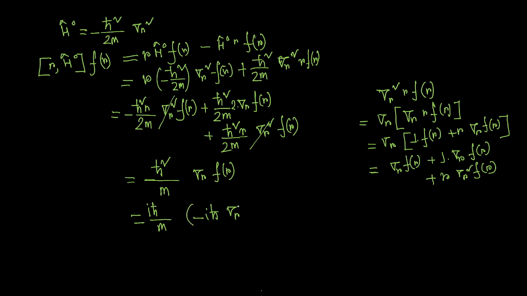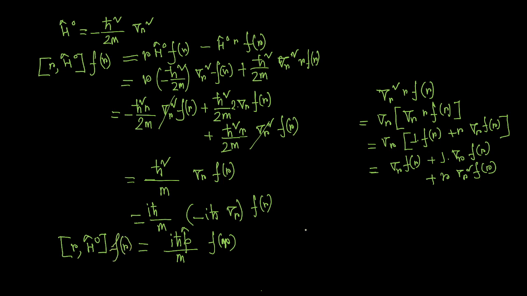So this is nothing but i h cut p by m fr. So the commutation between r and the Hamiltonian will give you the result i h cut p by m.